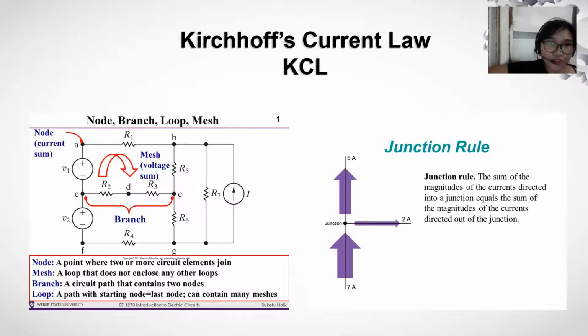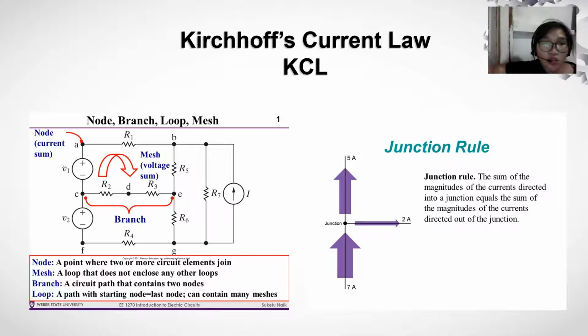And here is the node, a branch, a loop and a mesh. A node is a point where two or more circuit elements join. You can see here we have the variable, that's the node. A mesh is a loop that does not enclose any other loops.